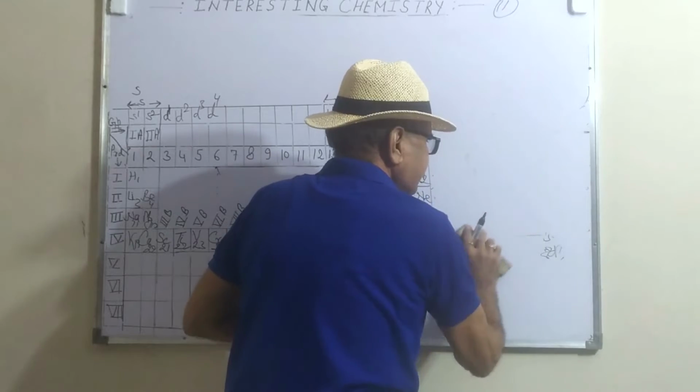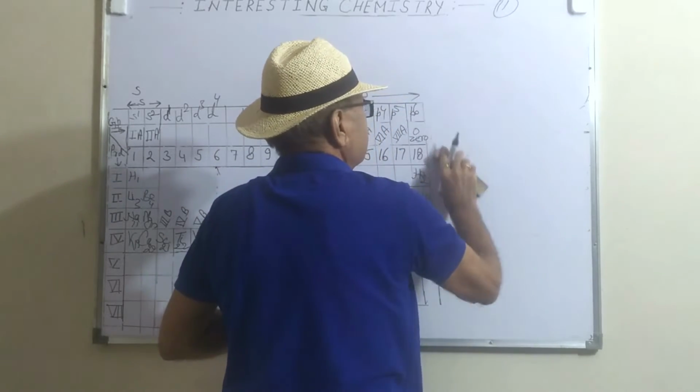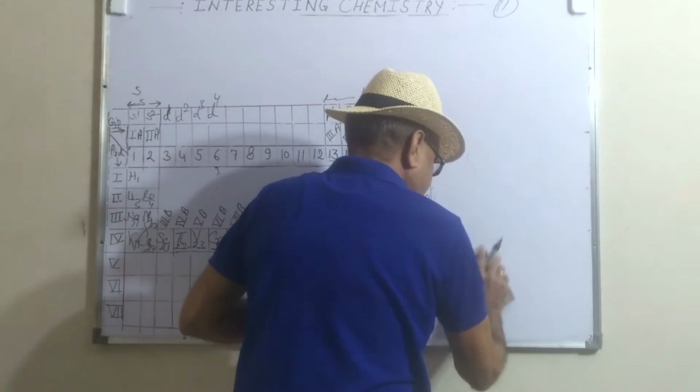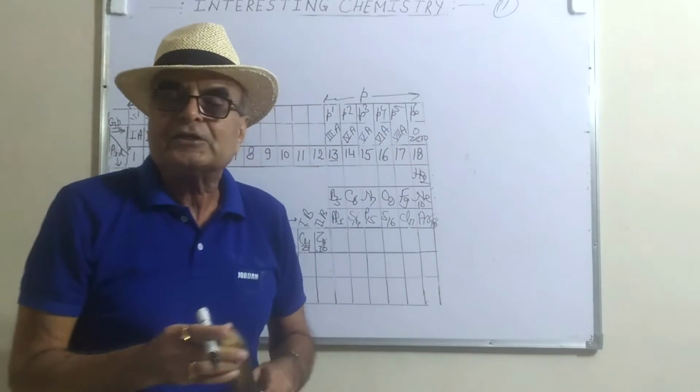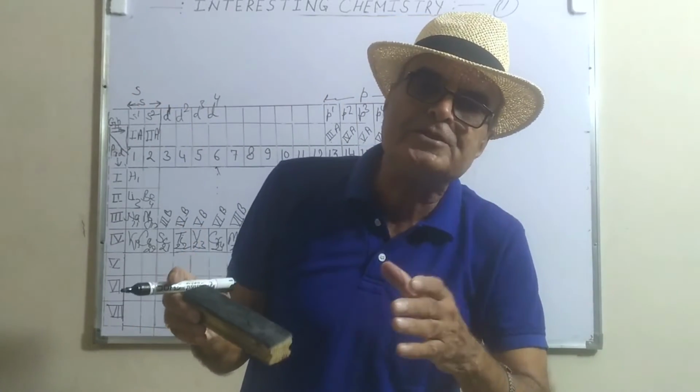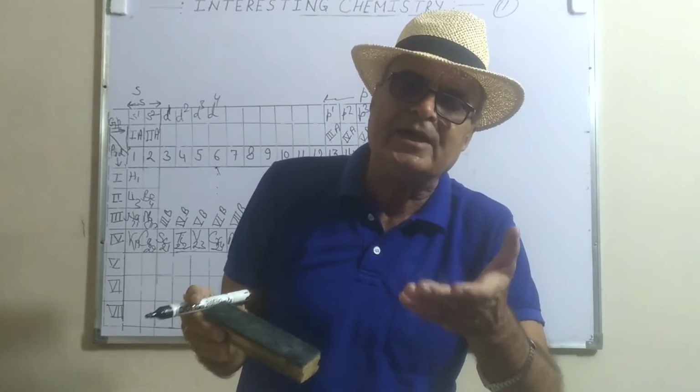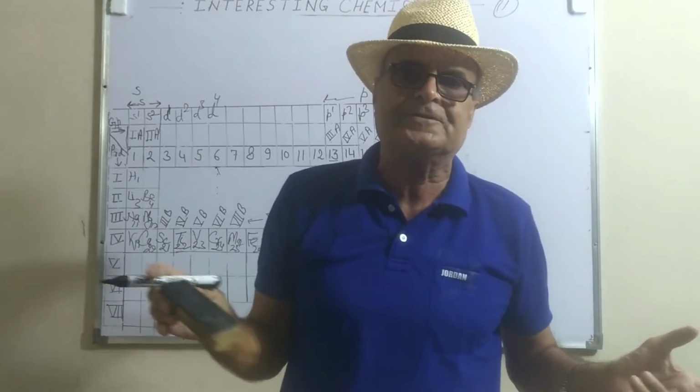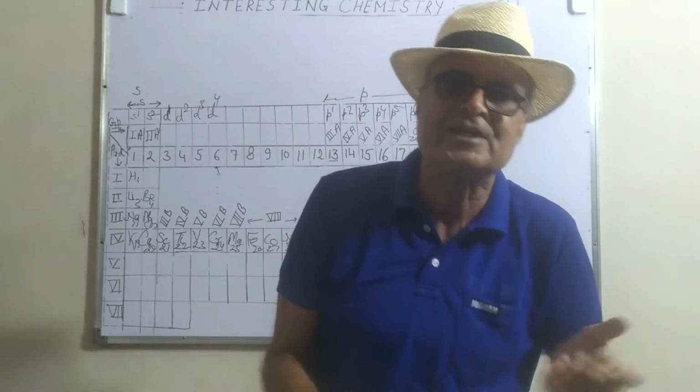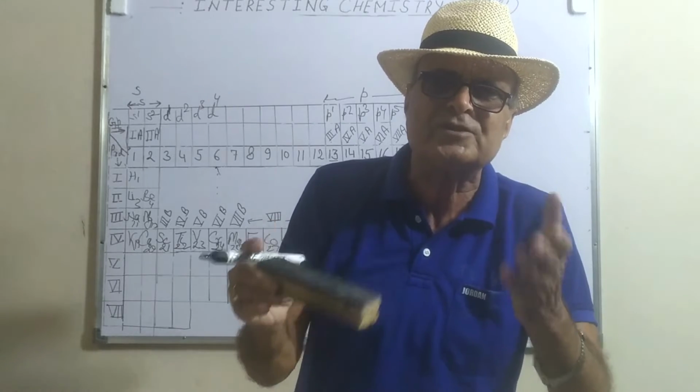This is an exceptional case. I have explained in the influence of the Dobereiner principle. You will find some exceptions in the electronic configuration. So it is the first exception. Chromium is the first exception.